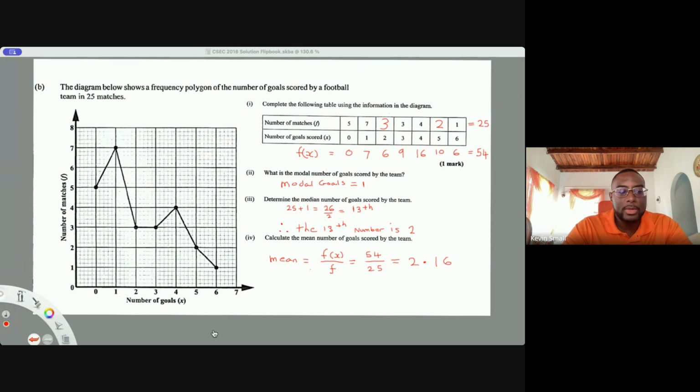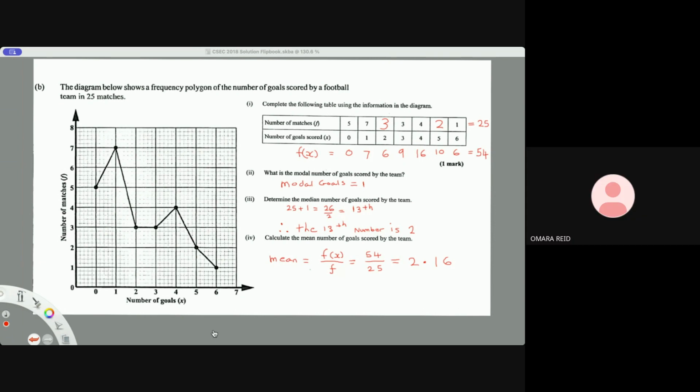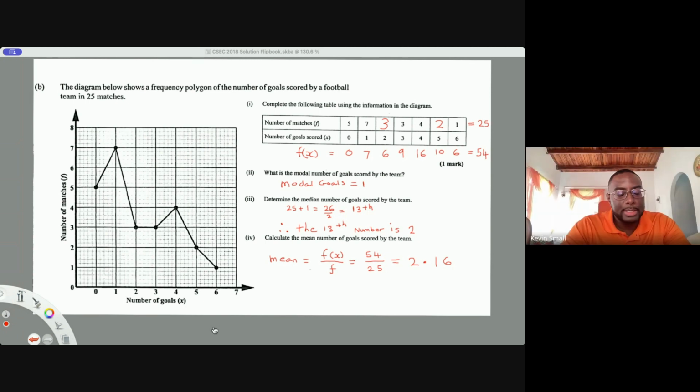Yes, Omara, what was your question? Sir, Mr. really had taught us measurement, but I wasn't at school because I was there last day, and he taught the area and the volume, and I don't know how to get that. I mean the area and the volume of a cone, a cylinder.